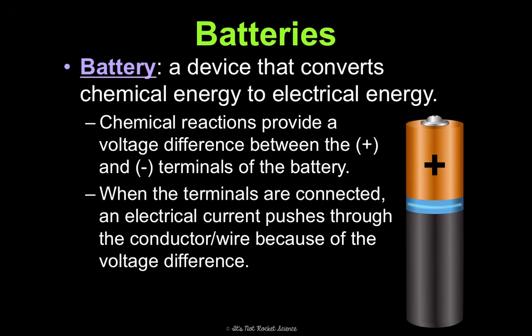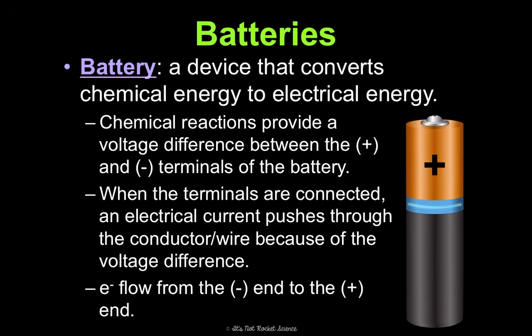Again, that voltage difference is what pushes, it allows that charge to move. Electrons are going to flow from the negative end, because that's the end with the higher voltage, towards the positive end, which has the lower voltage. So that's what's going on in those batteries that are making all of the things that you use work. Your calculator, your phone, whatever it is that has a battery, that's how it's working, which is pretty cool.